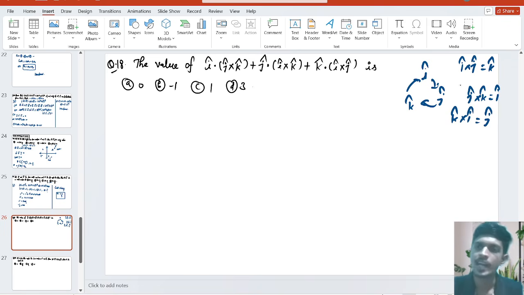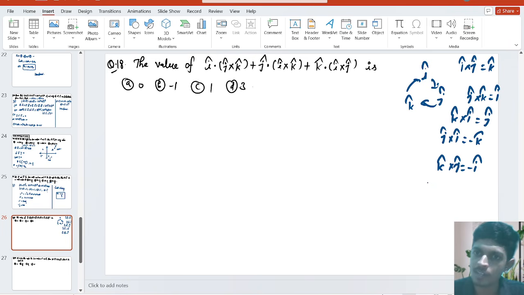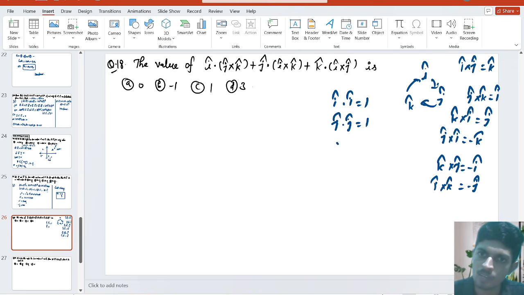If the direction is reversed, similarly j cross i gives minus k cap, k cross j gives minus i cap, and i cross k gives minus j cap. Also we know that i cap dot i cap equals 1, j cap dot j cap equals 1, and k cap dot k cap equals 1. Using these, you simplify it.